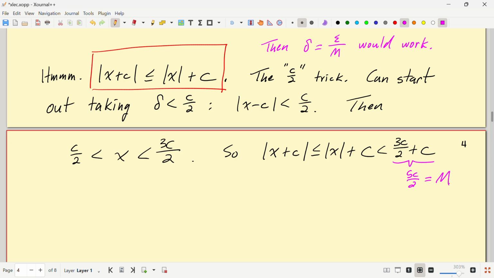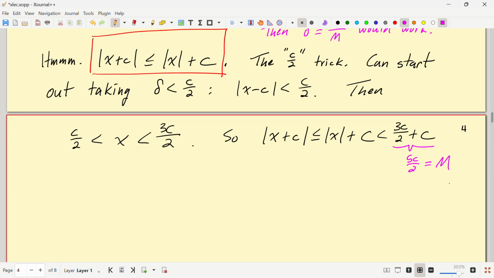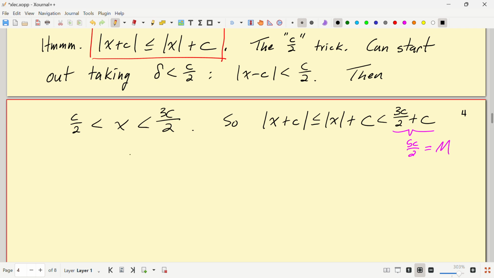So if I'm in that interval, then I get my delta.